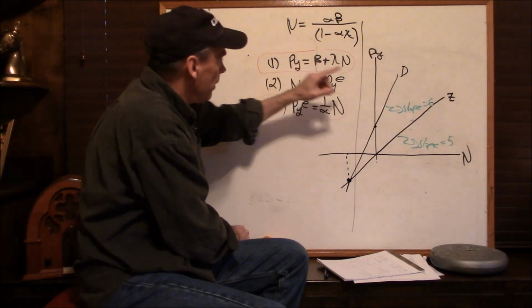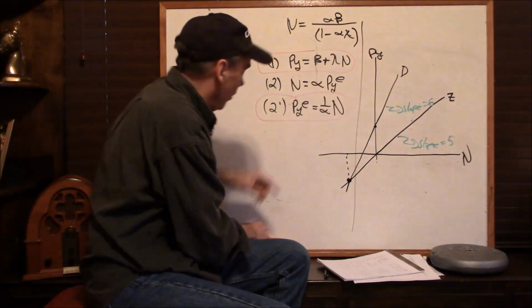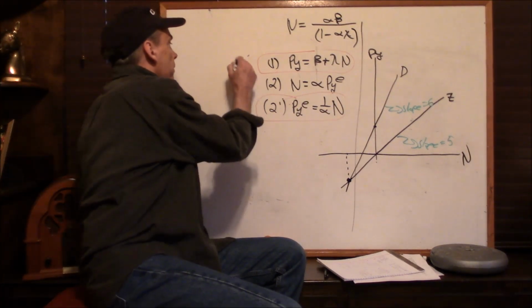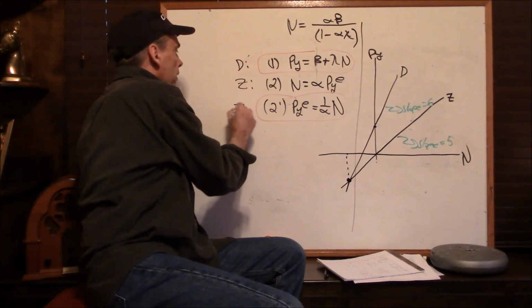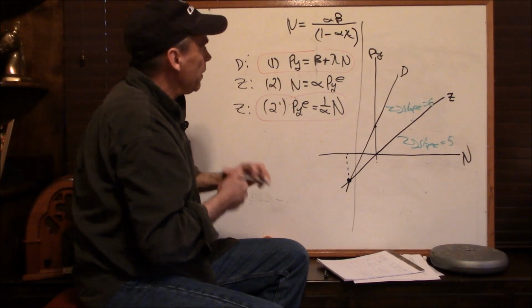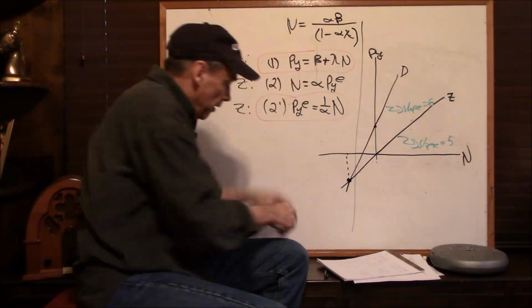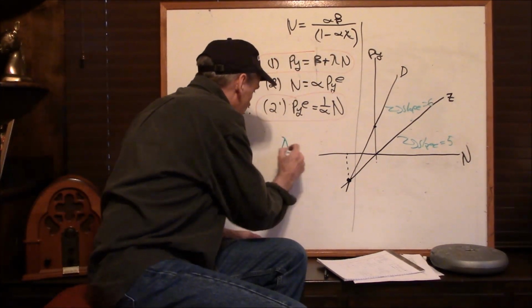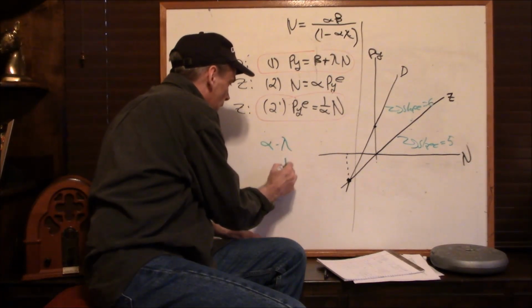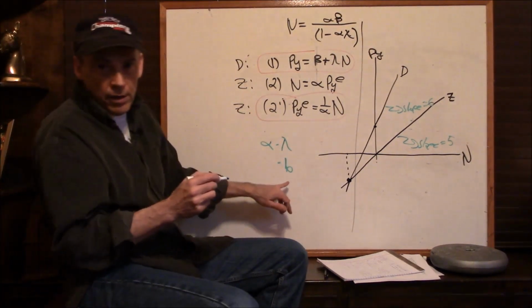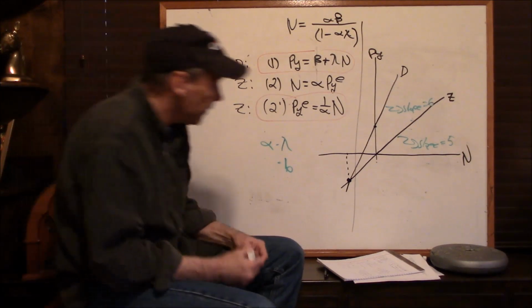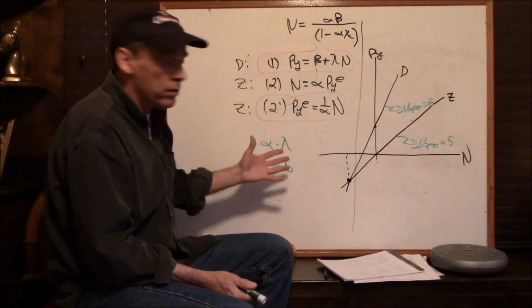So if the slope of the D curve, and remember this is the D curve, and that's the Z curve, is 6, well then lambda is 6, right? So lambda times alpha, I got a 6 right there. Can you see that? I got a 6 right there. So what's alpha?